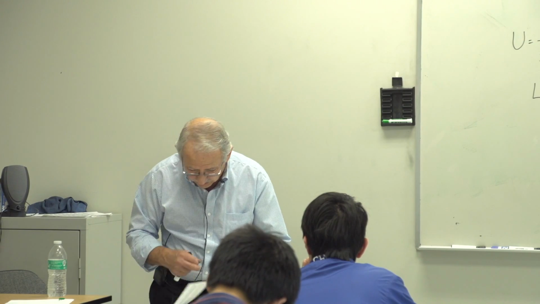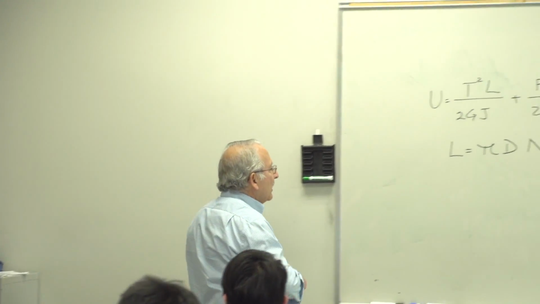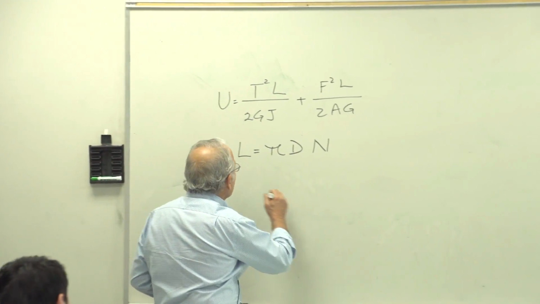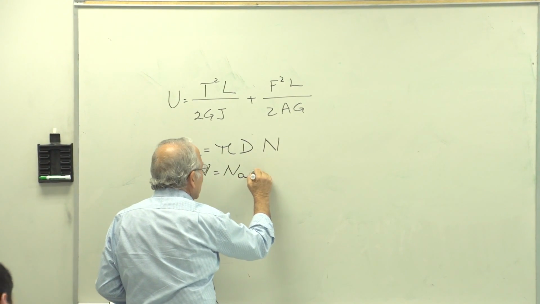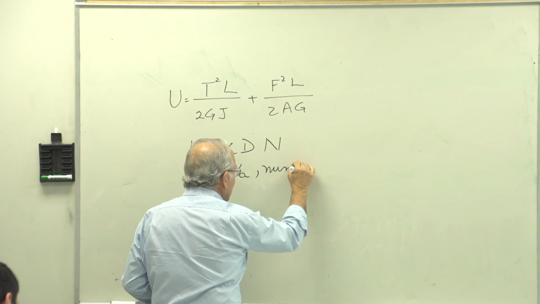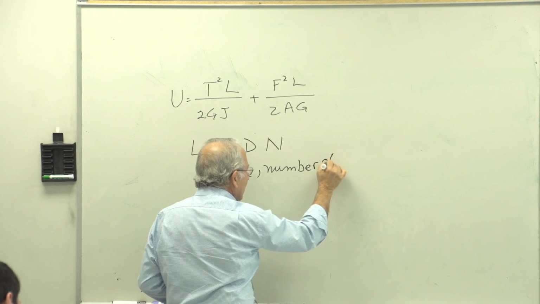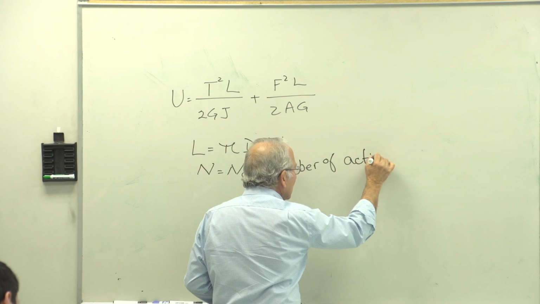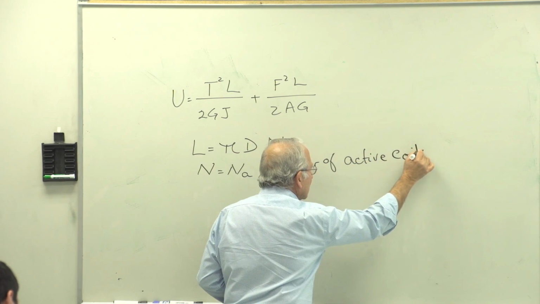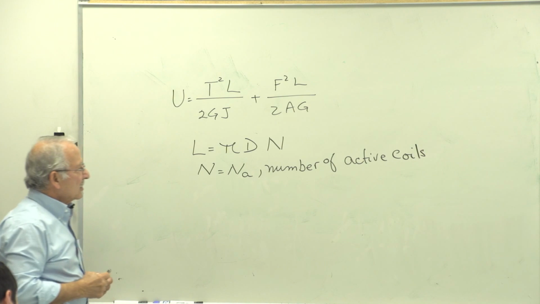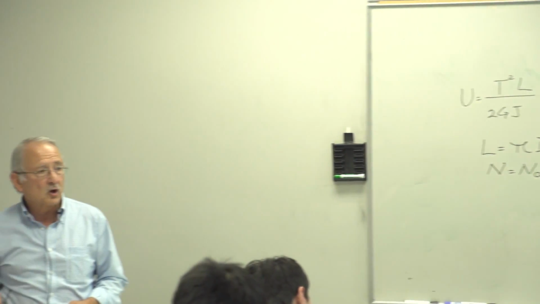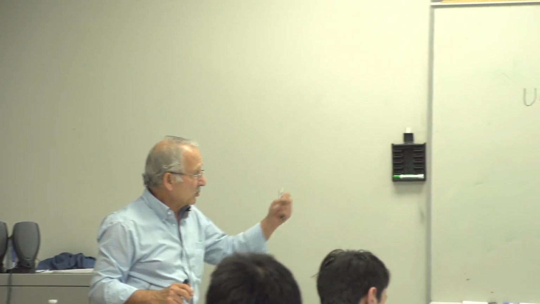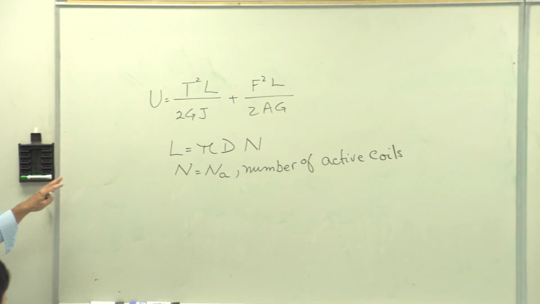No, they don't use it in the equations. Okay. Where n, which is the same as n sub a, is the number of active coils. We'll define in just a little bit what that means. As you will see, not all coils in the spring are active. Not all of them carry these loads. So that's L.